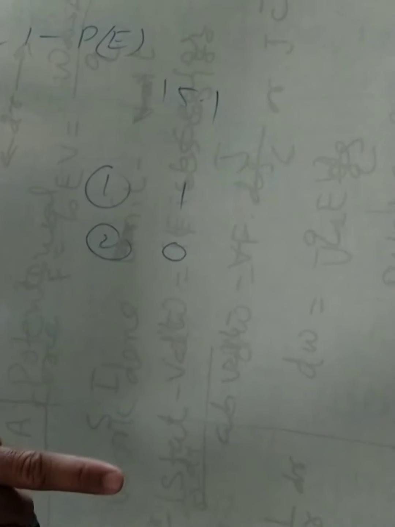And the third one: the probability of an event that is certain to happen is 1, a sure or certain event.